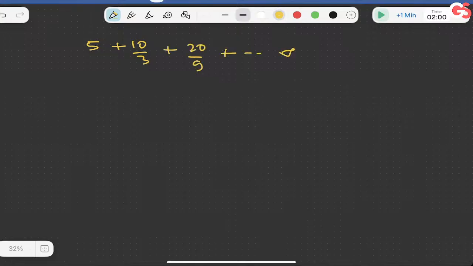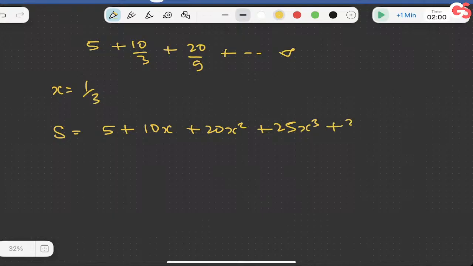I can assume x to be equal to 1 by 3. If I do that, the series becomes S, the sum of the series, equal to 5 plus 10x plus 20x square plus 25x cube plus 30x to the power 4 and so on till infinity, right? That is what we have.